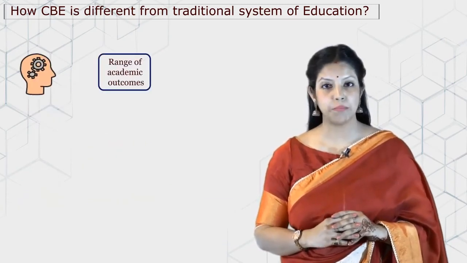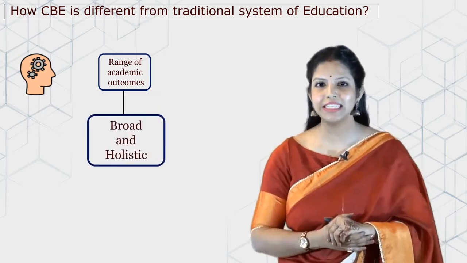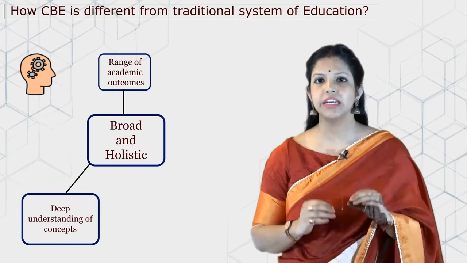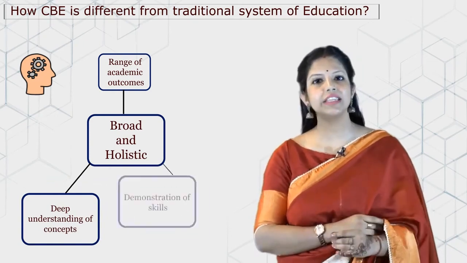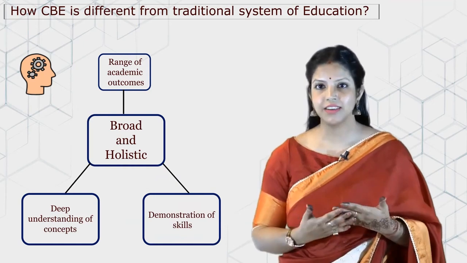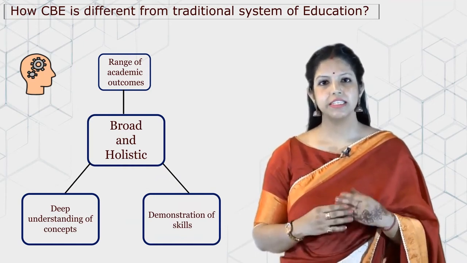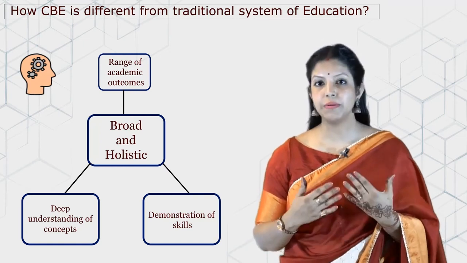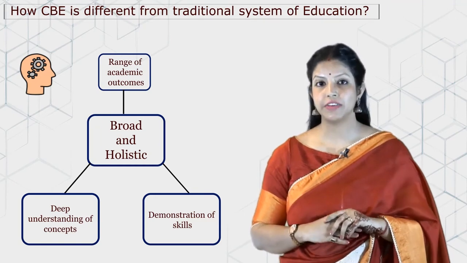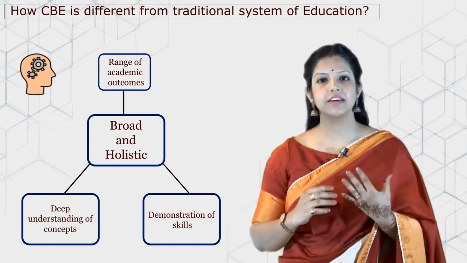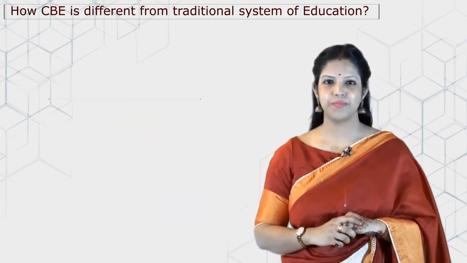The outcomes in competency-based education system are more broad and holistic. They include deep understanding of academic concepts along with the demonstration of skills through application. For example, CBE put emphasis on building lifelong learning skills, such as 21st century skills like communication, collaboration, and others.